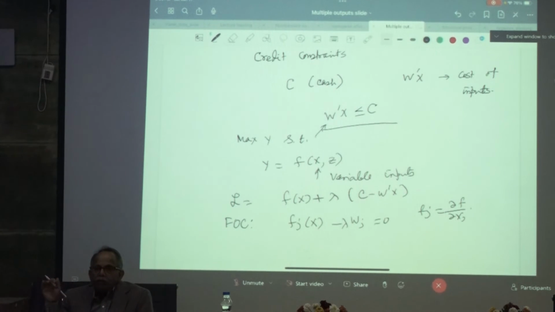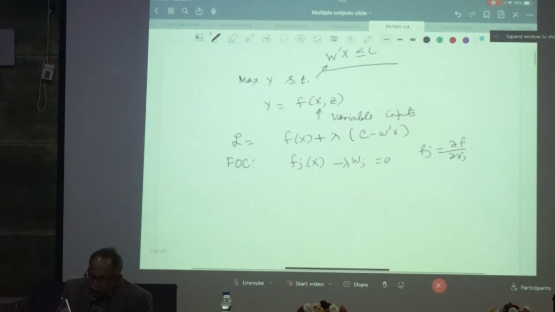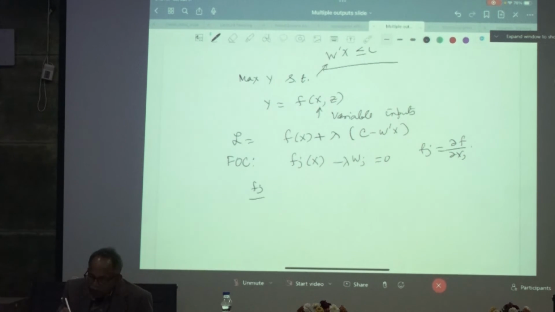So these are the first order conditions for each input. Again, as before, lambdas are there, and you are not interested in lambda, these are nuisance parameters, right? Lambda is the Lagrange multiplier, so you want to get rid of it by taking the ratio. So fj(x) over f1(x) is equal to wj over w1.